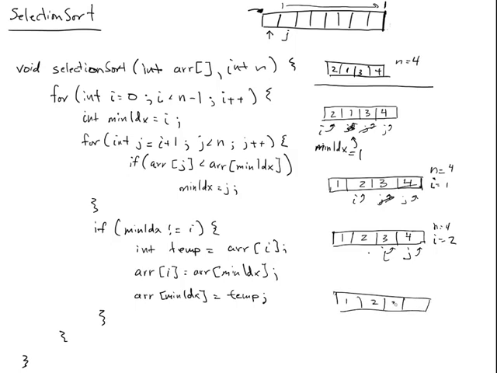1, 2, 3, 4. And you can see that we had to look at every item in this array twice. Well, more than twice. We had to look at all of these items each time through the array, and so our algorithm's complexity is basically n squared.